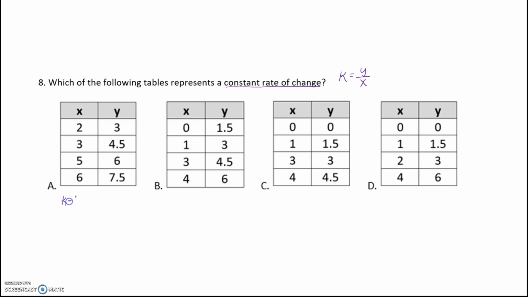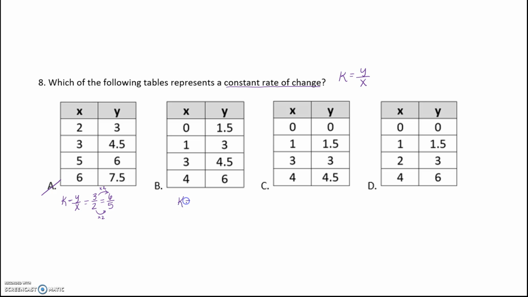So K equals Y over X. So I'm going to start with 3 over 2. Is that equal to 6 over 5? I'm just using these because those are the two without decimals. So 3 times 2 gets me 6, but 2 times 2 is 4. Not equal. Try the next one.